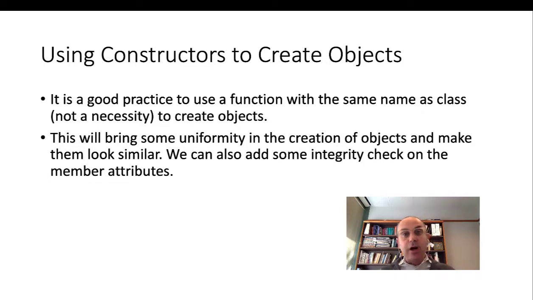So using a constructor to create a good object. And this is very good practice, because when you're going to create your R package, you're going to create an object. So a good practice is to use the same name as the class to create those objects.